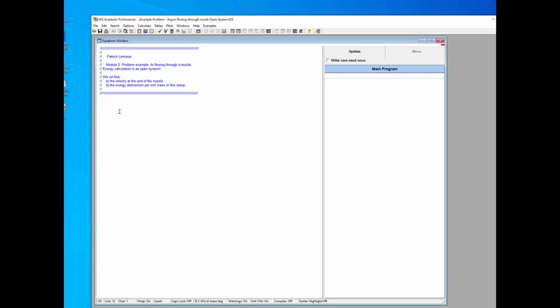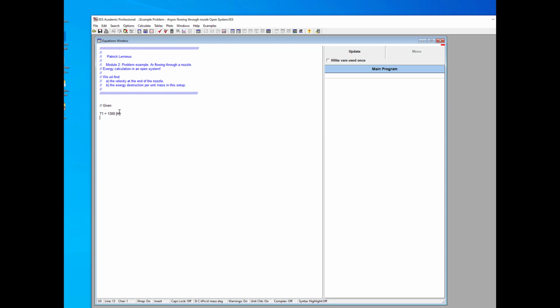So step number 1, along with our 5-step process, although we're not going to follow that entire thing over here in EES, but it really pays to just list what we know in terms of givens before we do anything else. I always love that word, the givens.